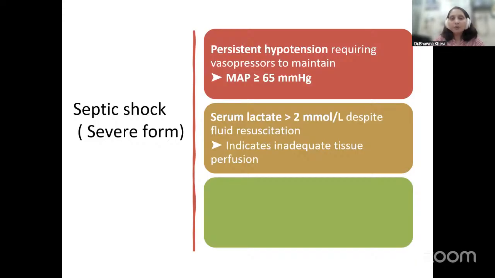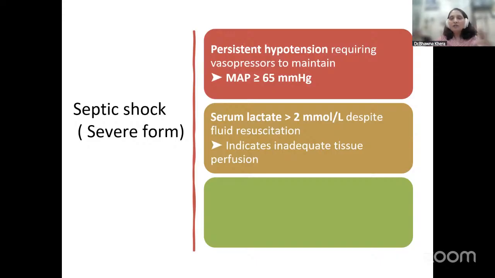What's new? Now look at the other sentence. Serum lactate greater than 2 despite fluid resuscitation indicates inadequate tissue perfusion. Now, if you remember, there is a recall question in the Part 2 exam: what is the level for severe sepsis or septic shock?